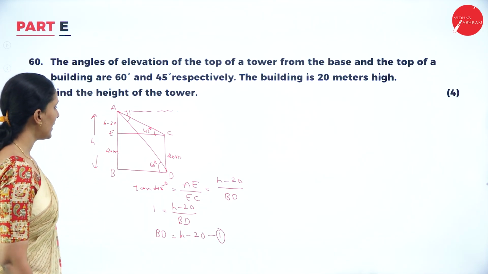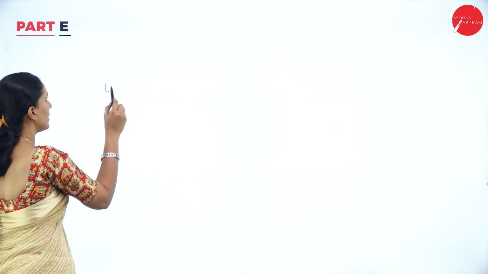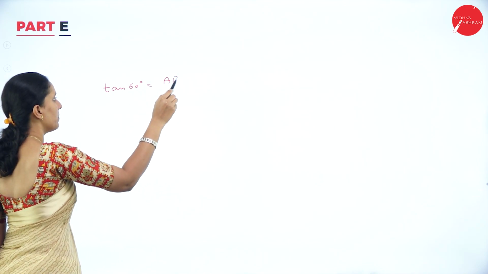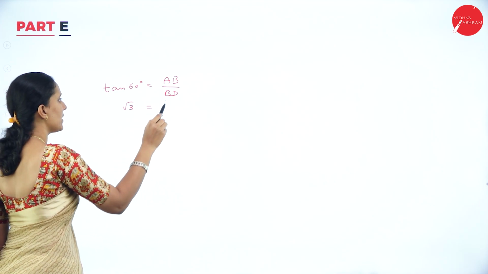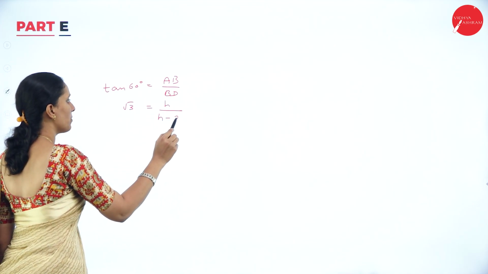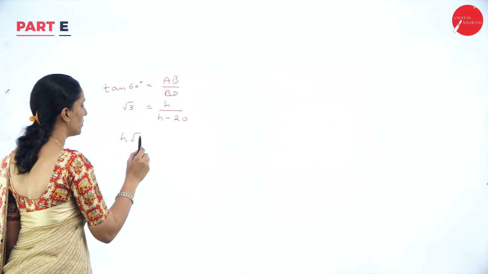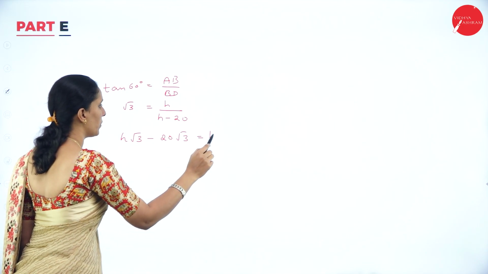Also, if you see tan 60 degree, opposite by adjacent, means tan 60 degree is AB by BD. So root 3, AB is height, so we have here h minus 20. Now, h root 3 minus 20 root 3 is equal to h.